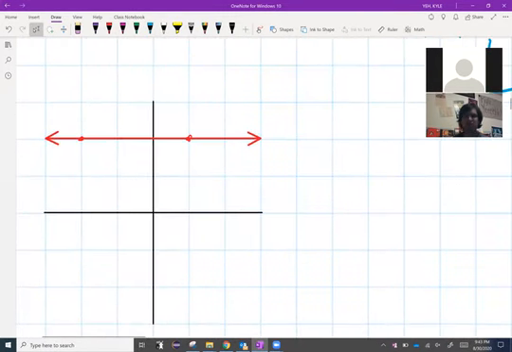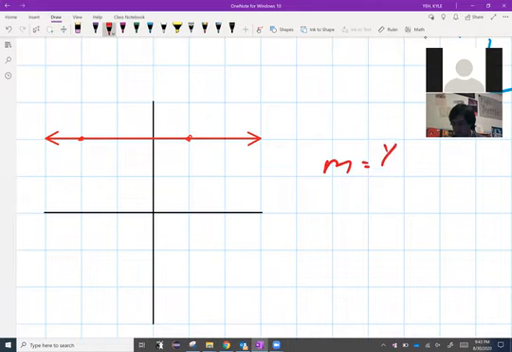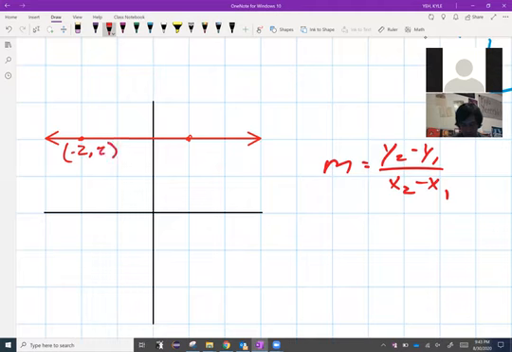What about for a horizontal line? What is the slope? Well, the good news is the rules don't change at all. We still know that m equals y2 minus y1 over x2 minus x1. So I'll just call this -2, 2, x1, y1. And then this looks like 1, 2, x2, y2.